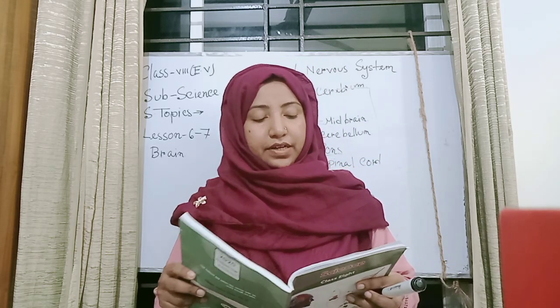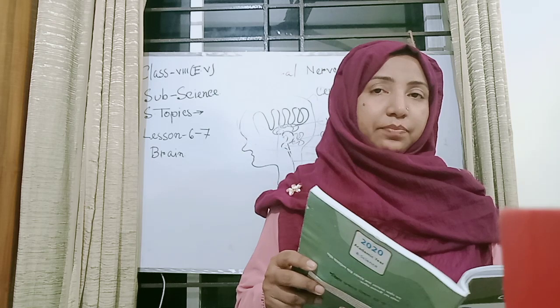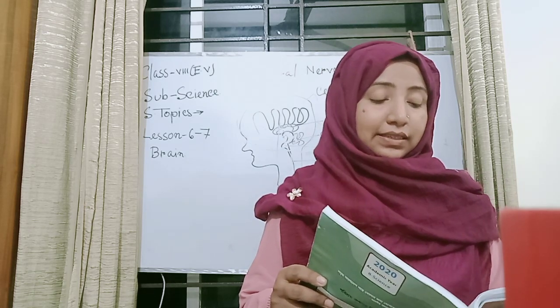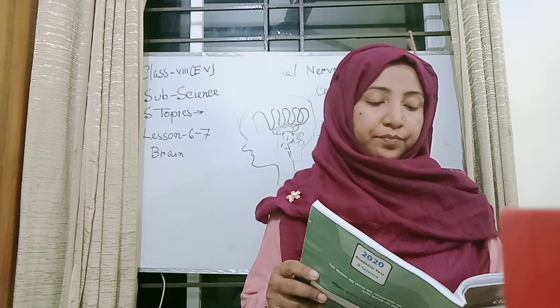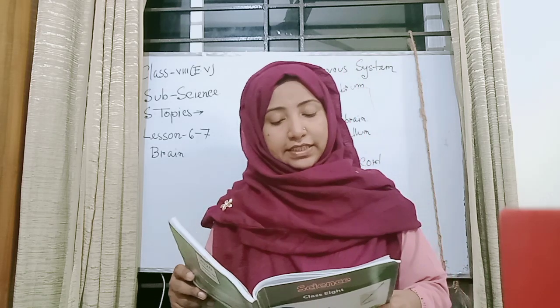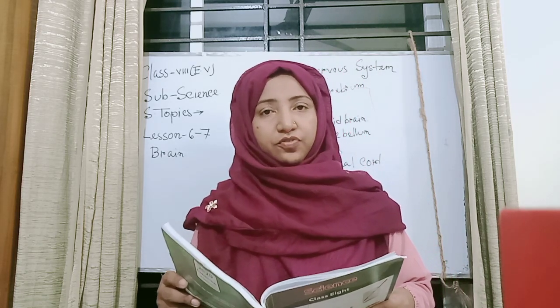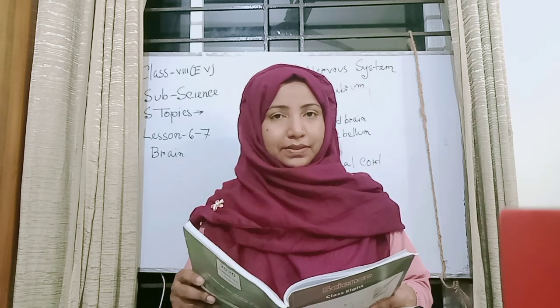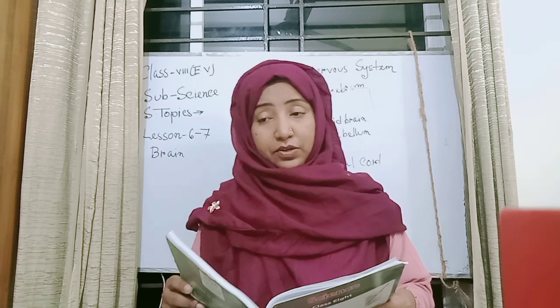Third is the hindbrain. It is located at the lower back of the cerebrum. It is smaller than the cerebrum. The main function of the hindbrain is to maintain the balance of the body. It also controls speech and movement of the body. The hindbrain consists of three parts: the cerebellum, the pons, and the medulla oblongata.